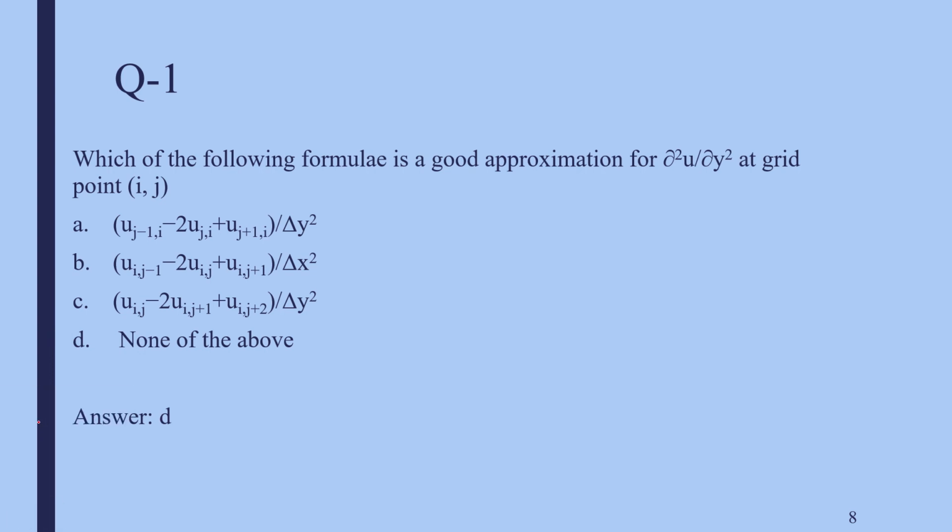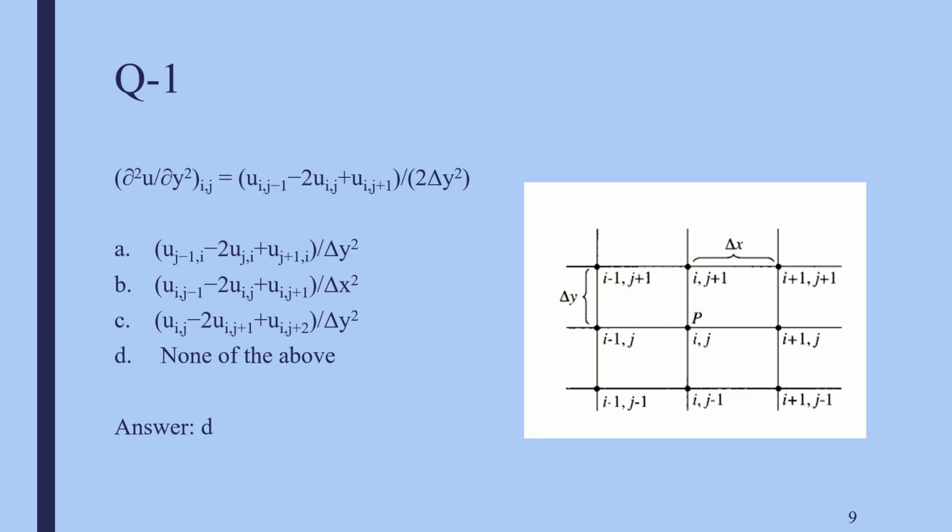For example, the question is about the second order derivative of u with respect to y. So what would be a good approximation for ∂²u/∂y² at point (i, j)? Let us consider this is (i, j).